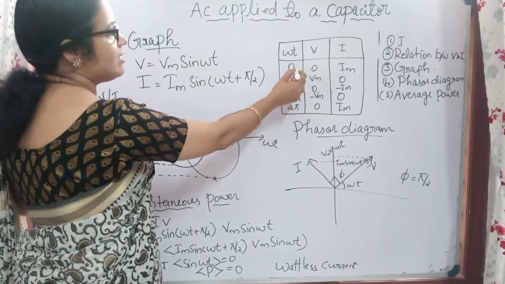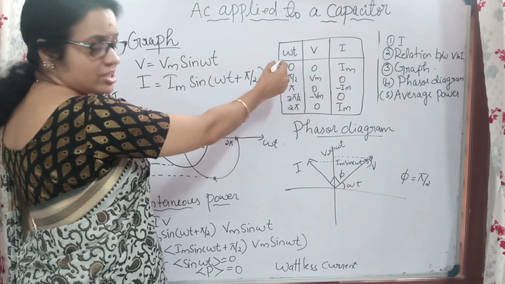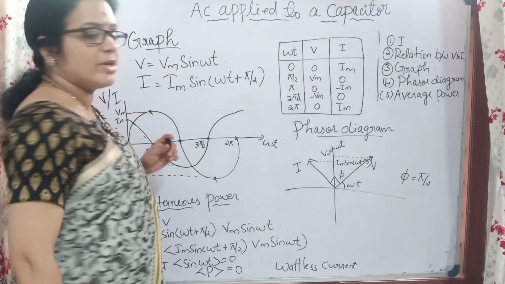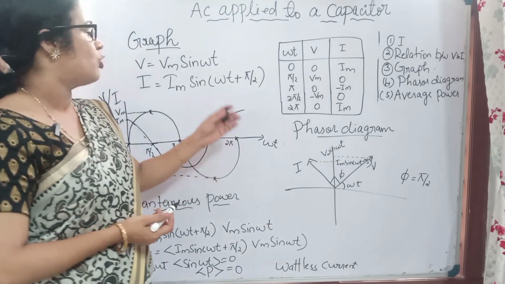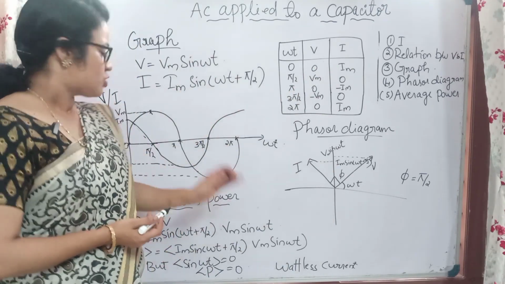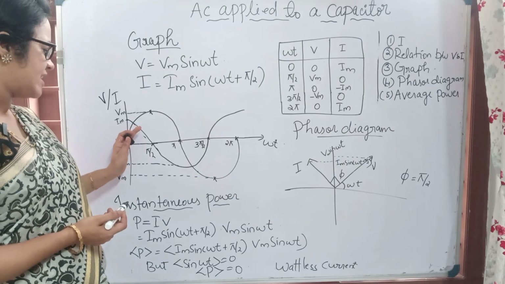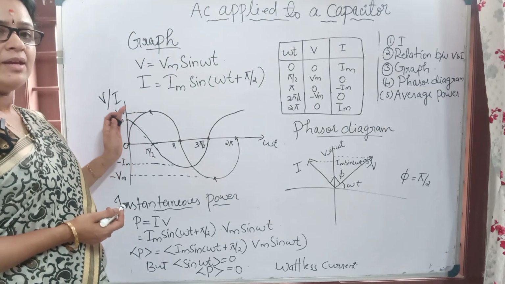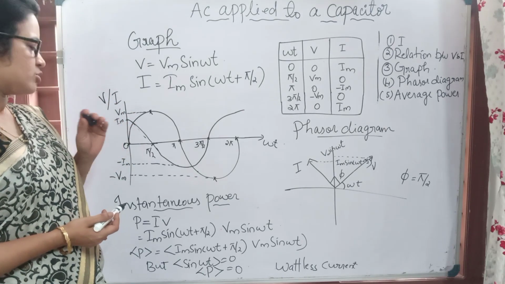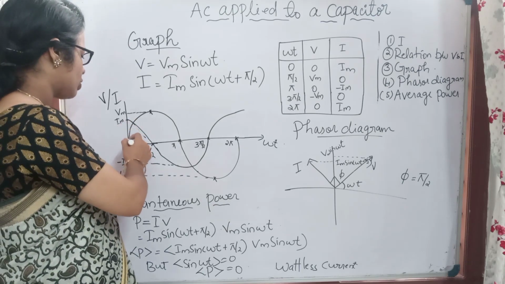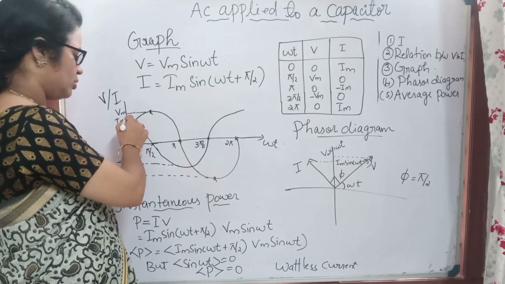So here we can see for omega t is equal to 0, that is Im, because the current leads the voltage by pi by 2. So when voltage is 0, that will be at pi by 2. So how we can draw? At 0 means this is at pi by 2, right?